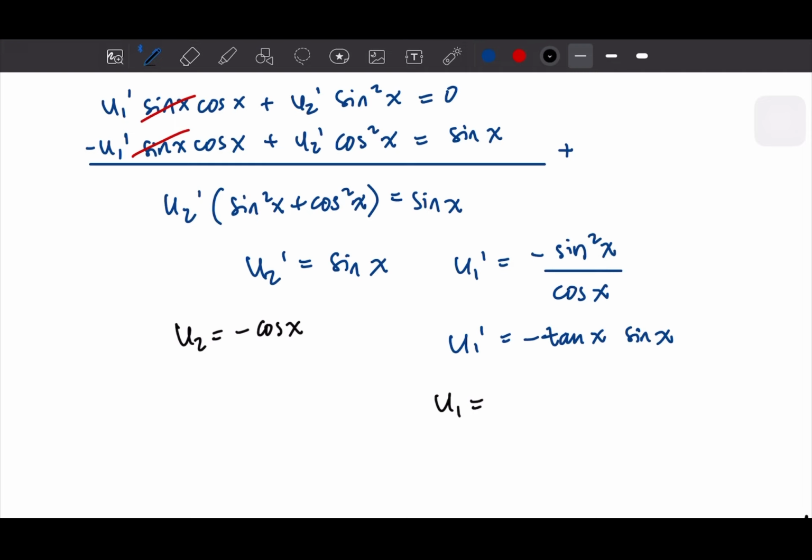But you need to check, because I did it through calculators. Not calculators, just software. So take this sine x minus 1, sine x plus 1.